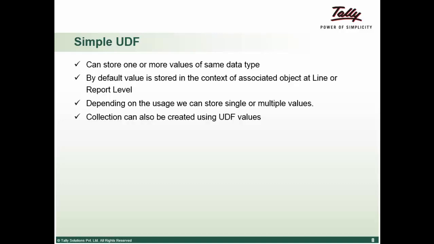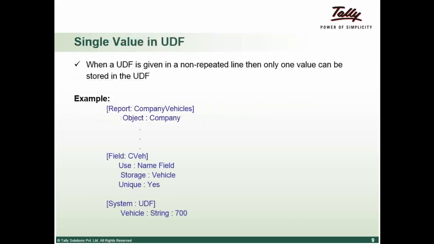Only one value would be stored because there is a single line. Depending on the usage, we can have multiple or single values. And if it is a multiple value, you can create a collection of that UDF. So this is an example.